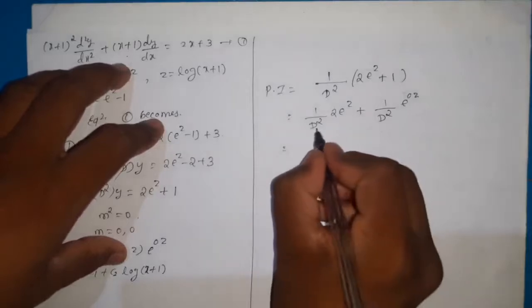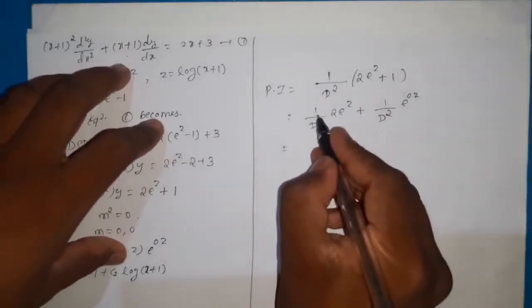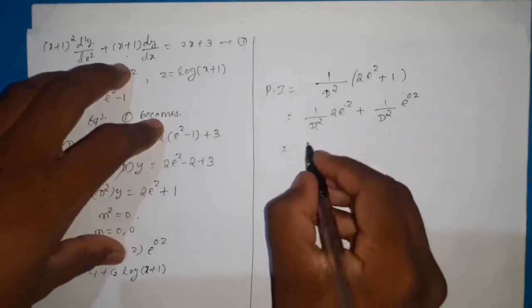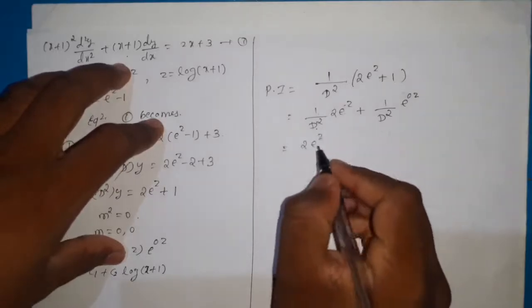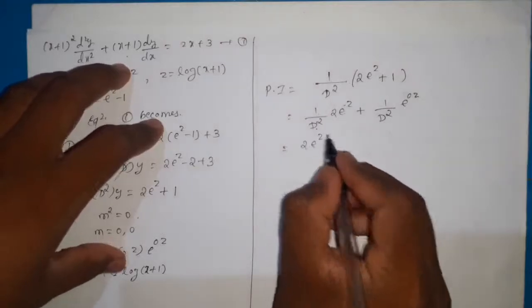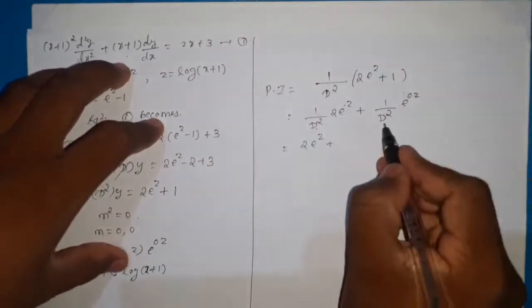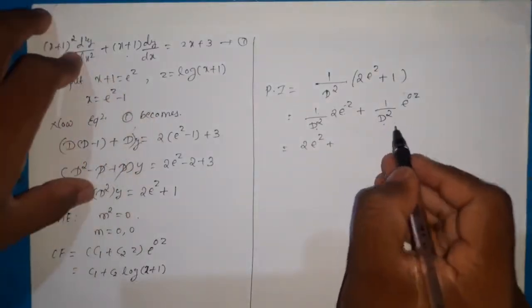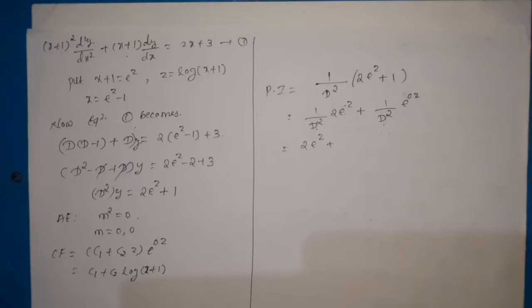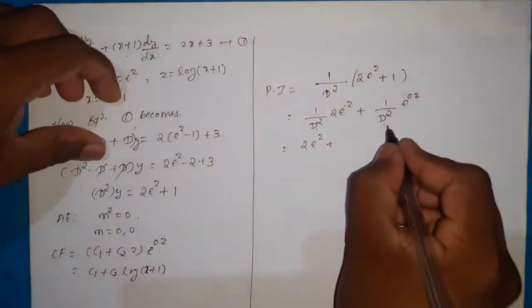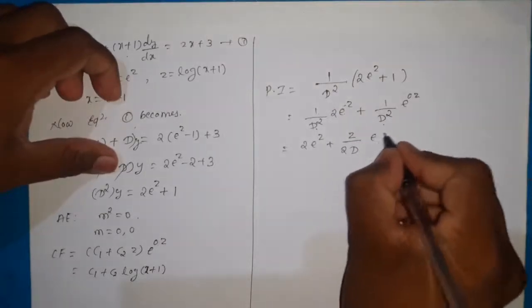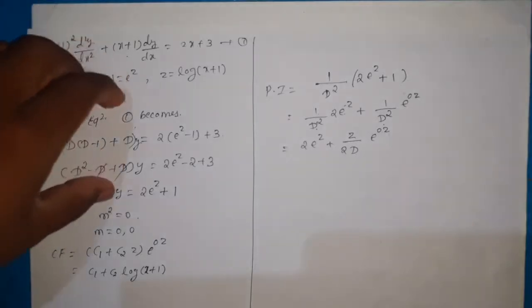Now here d equal to 1, because 1 divided by f of d e power ax, here a is equal to 1, then it is 2 into e power z, because the denominator becomes 1, plus here the value of a is 0, so whenever we need to substitute the denominator is 0, that can be considered as case of failure. So therefore we need to differentiate the denominator, that becomes z divided by 2d e power 0z, right?